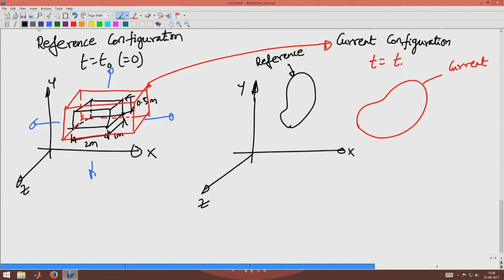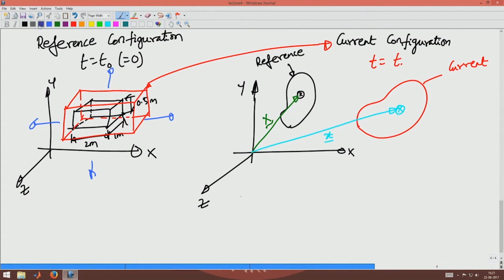Now, I pick a point in the body, and I denote the position vector of that point in the reference configuration by capital X. That is the vector. Similarly, the position vector of the same point in the current configuration will be denoted by another vector, which is small x.